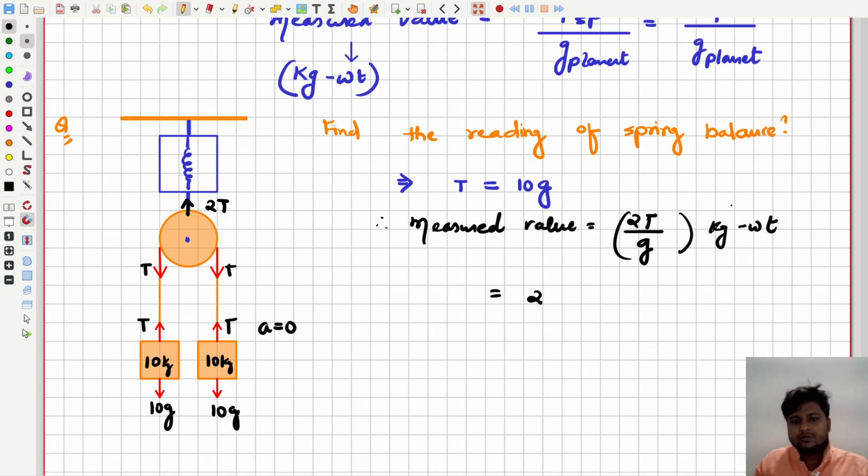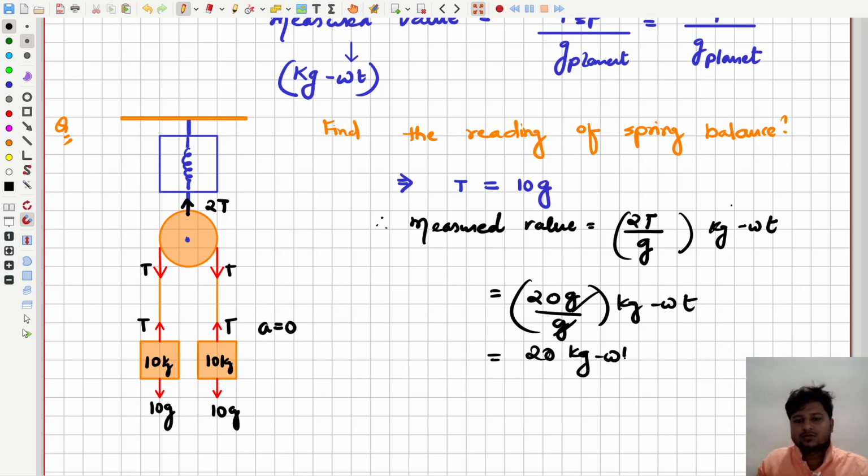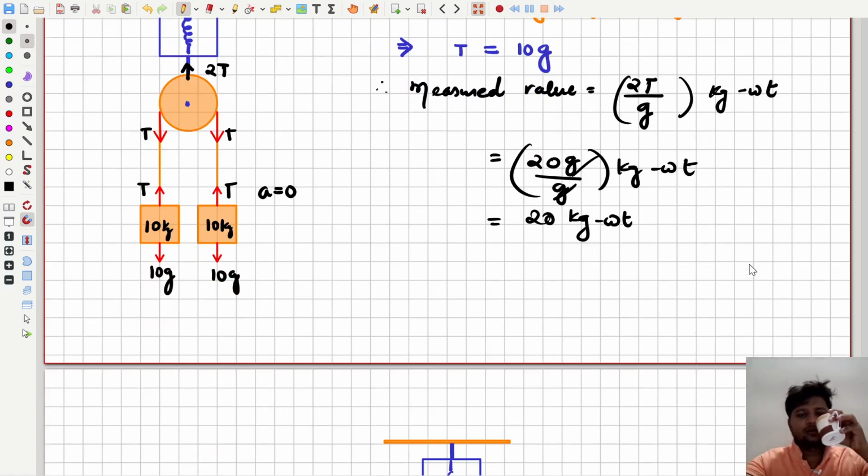So 2T means 20g by g kg weight. g cancels. It is how much? 20 kg. Wait, 20, right? Okay, clear or not clear?